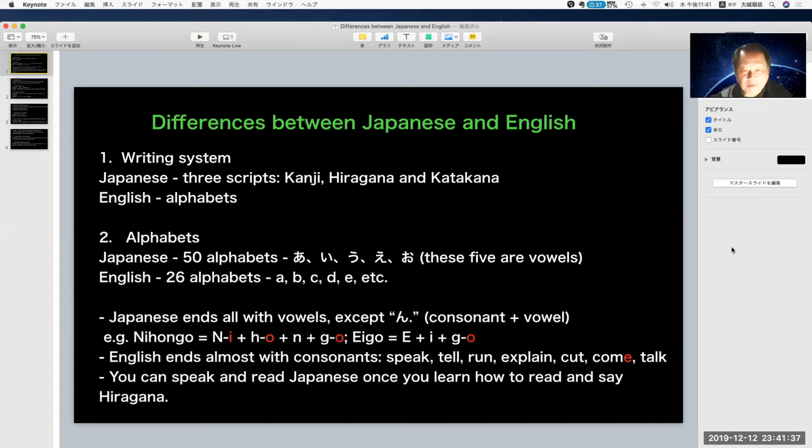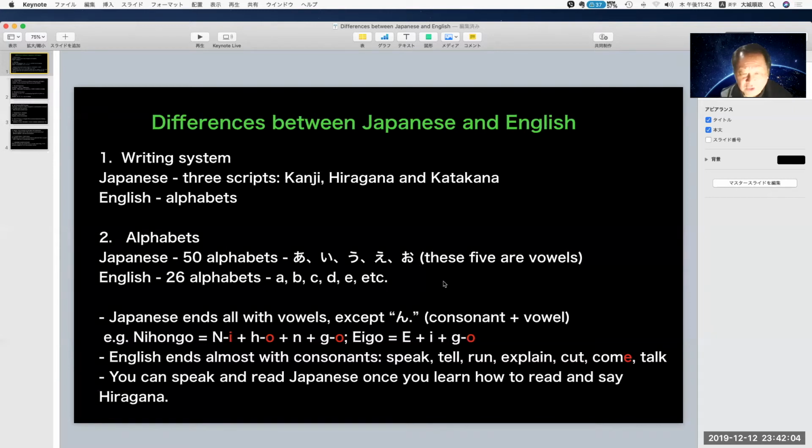Japanese has 50 sounds, including 5 vowel sounds, which are a, i, u, e, o. These are the Japanese way of writing a, i, u, e, o, which are very similar to your Tagalog or Spanish.